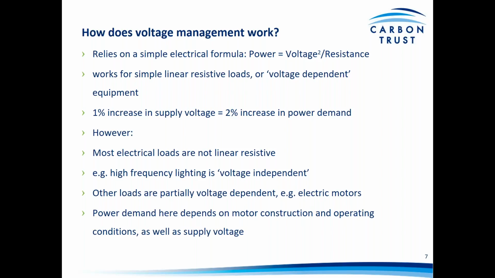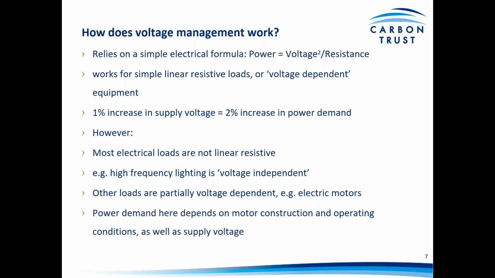To give examples, modern electronic control equipment like that used in ICT, say for example a power supply for a laptop, or high frequency lighting such as T5 fluorescent tubes, is designed to give a fixed output voltage irrespective of what the supply voltage is. These would be considered voltage independent equipment.